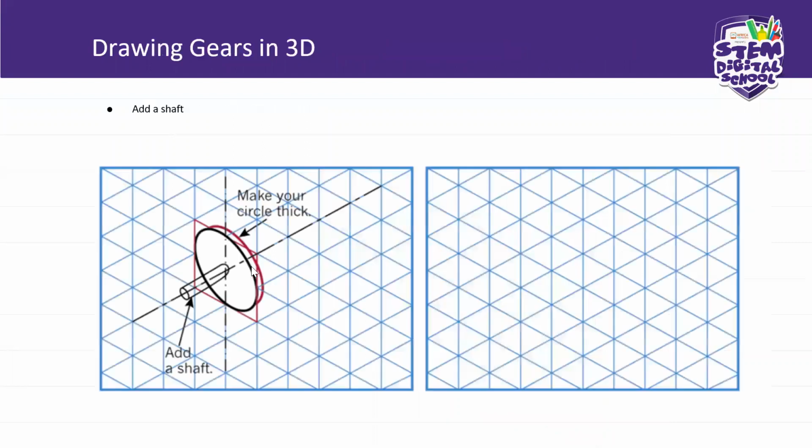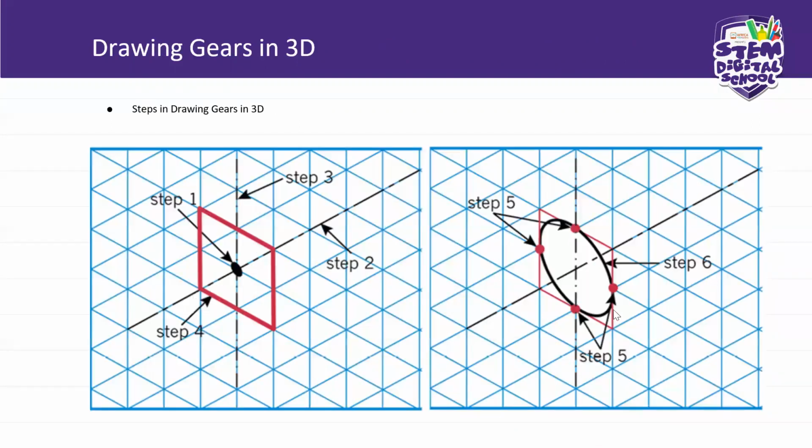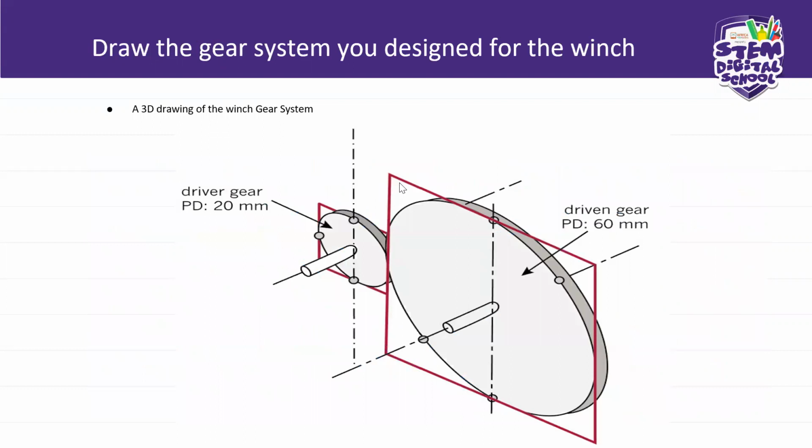So you are going to draw it in the same way that you drew this one. You take these steps, just that because this one is 20 and this one is 60, you are going to make it 3 times bigger. You are going to count how many squares. We counted 2 here.